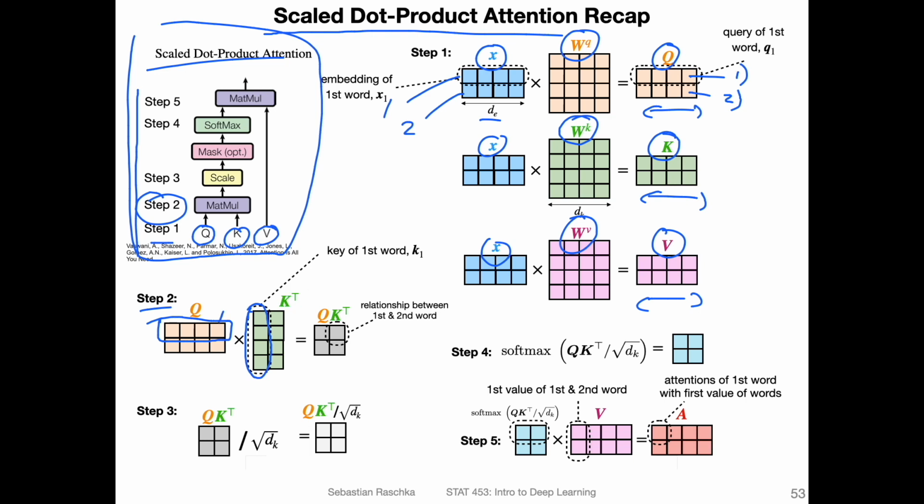So this one would be then really the relationship between the first word with itself, and then for instance first row and the second column would be the relationship between the first word and the second word, and so forth. So we can really think of this as something that captures the relationships between the words, if you think of the dot product as a similarity or a compatibility measure here.